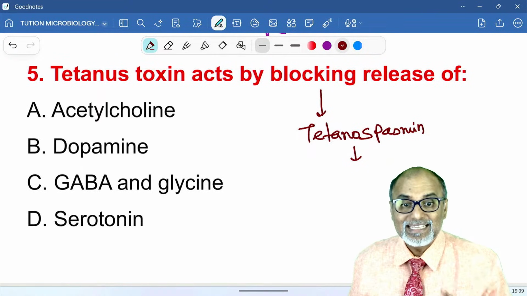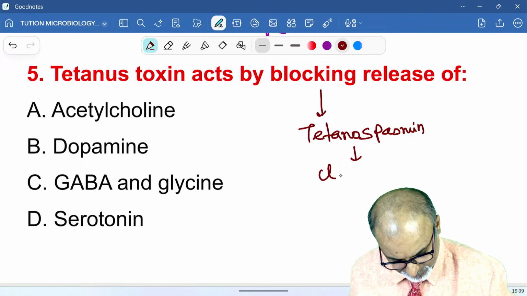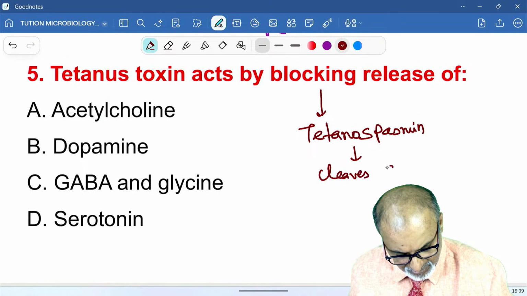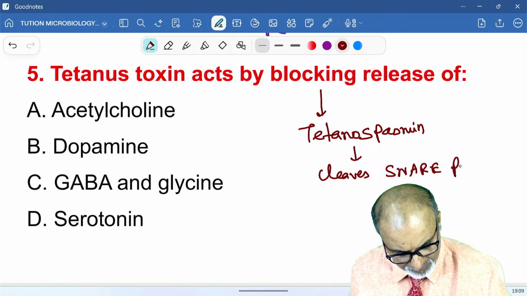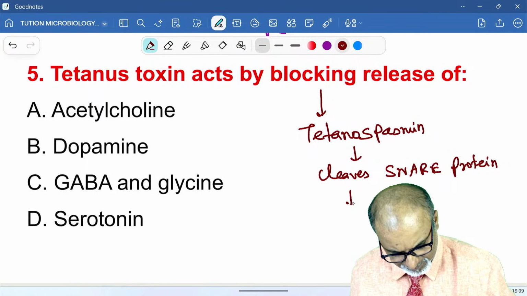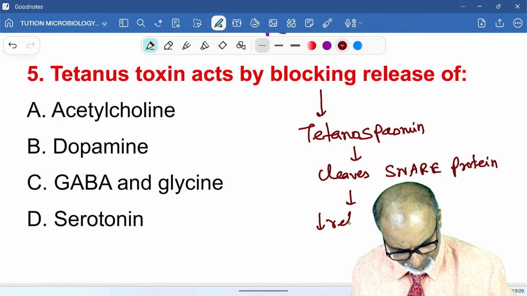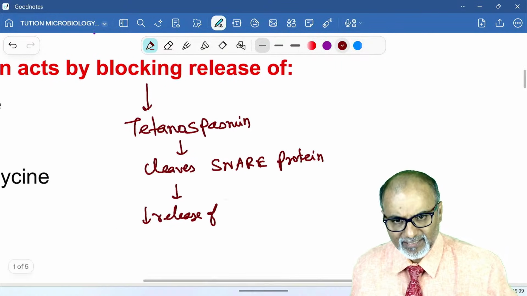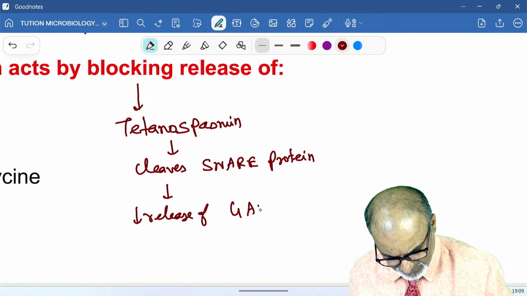It cleaves SNARE protein and inhibits the release of GABA and glycine.